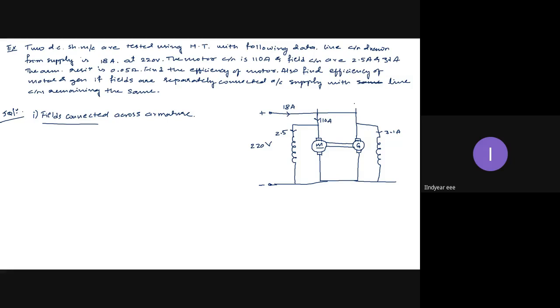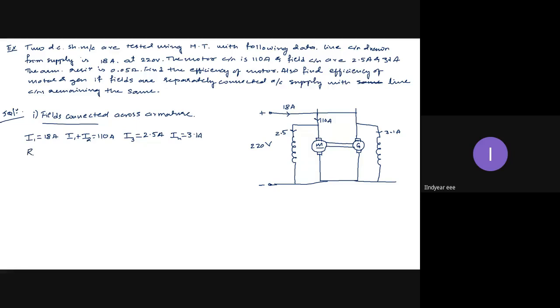Next, armature resistance is 0.05. So here we can write, I1 is equal to 18 amps. I1 plus I2 is equal to 110 amps. I3 is equal to 2.5 amps. I4 is equal to 3.1 amps.